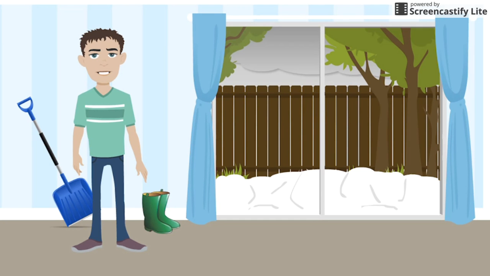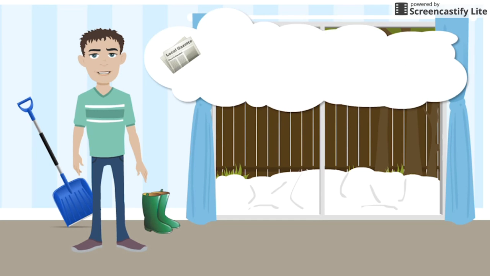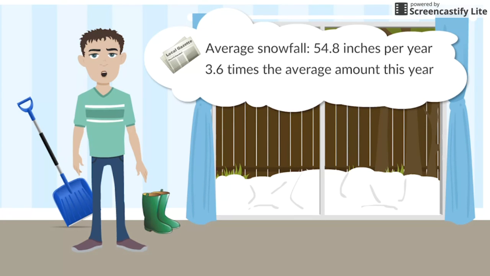Let's see. The paper today shows that last year the average snowfall of our area was 54.8 inches. So far this year we have had 3 6/10 times the average amount from last year. I can use multiplication to see exactly how many inches we've had this year so far.